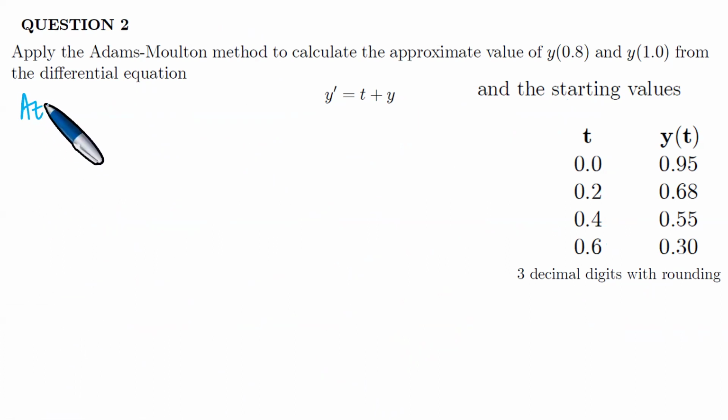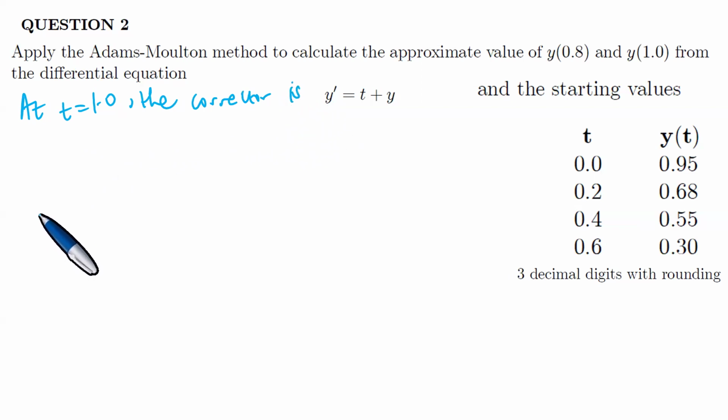At t equals 1.0, the corrector is, you would remember the corrector formula, you already know it because we saw it in the question. The corrector is in the Adams-Moulton. There are different methods we're going to discuss, but Adams-Moulton is one of those techniques you need to learn, and then we shall discuss the other subsequent techniques after it. You have yn plus 1.